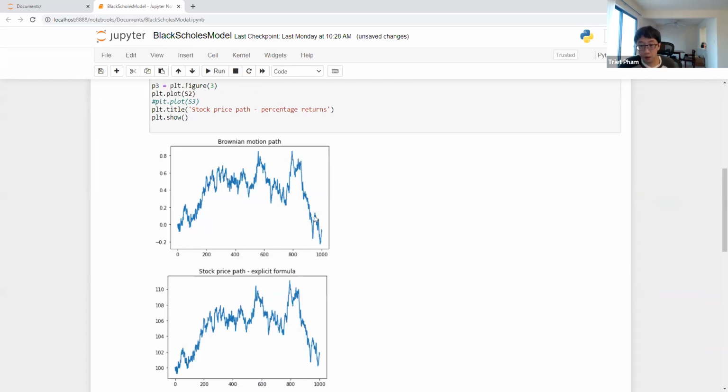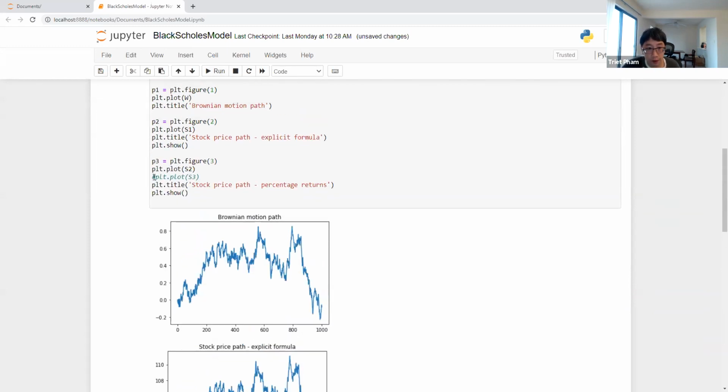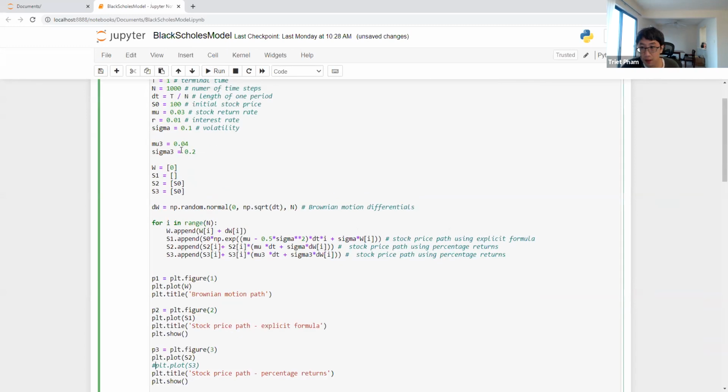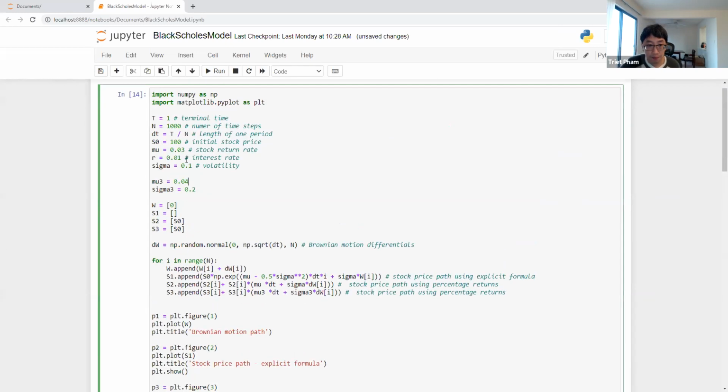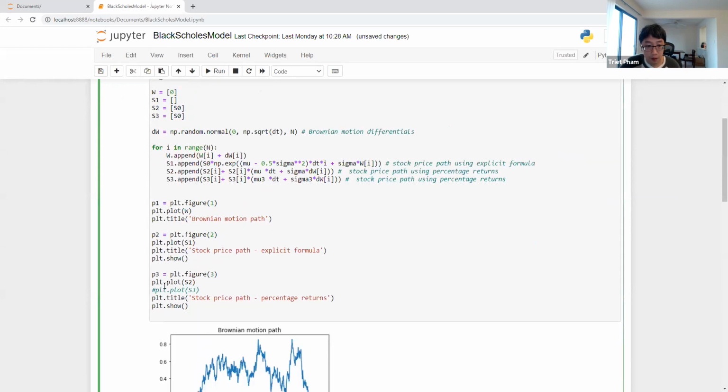Second of all, to show you that the effect of mu and sigma is there, that's why I plotted S3. S3 is to show you that yes, there is a change. If you have different mu and different sigma, then the paths do look different. So let me bring out S3.